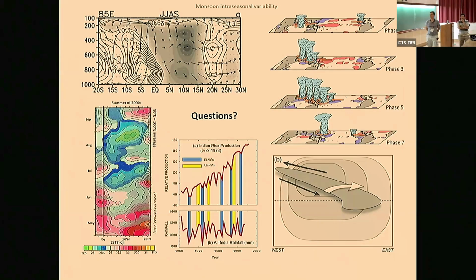Yeah, so in the mid-latitudes, some of the signal is actually teleconnection patterns. I don't think they show up in the mid-latitudes as strongly as we can get them in the tropics.